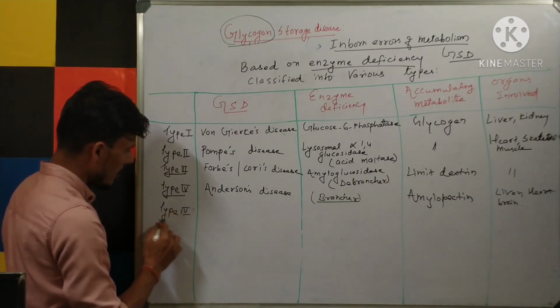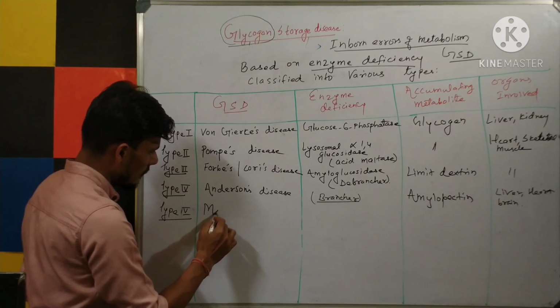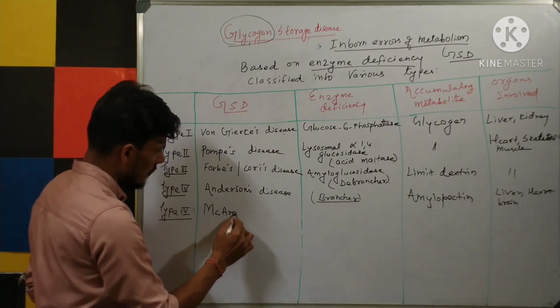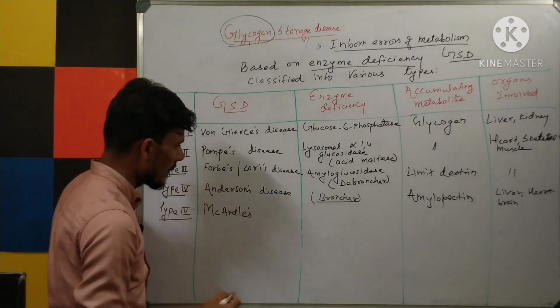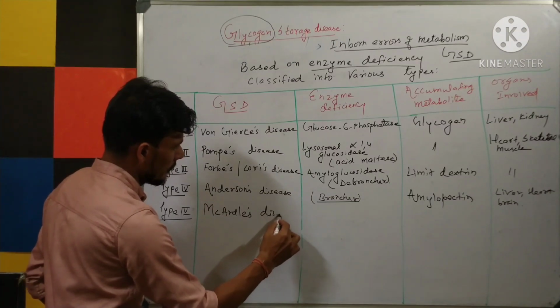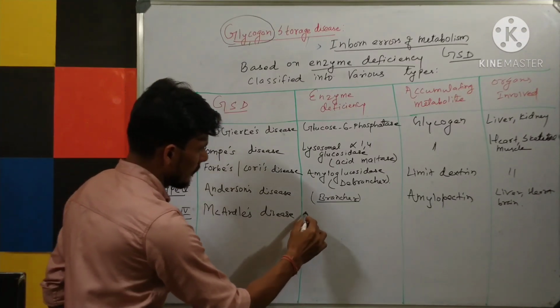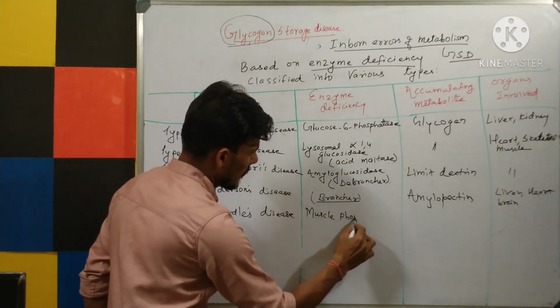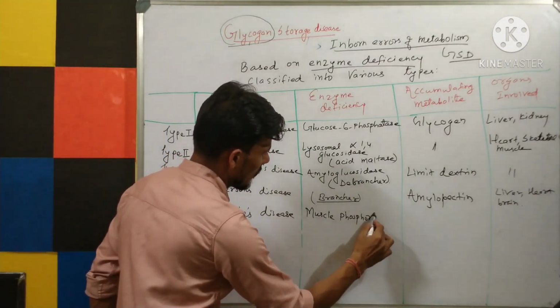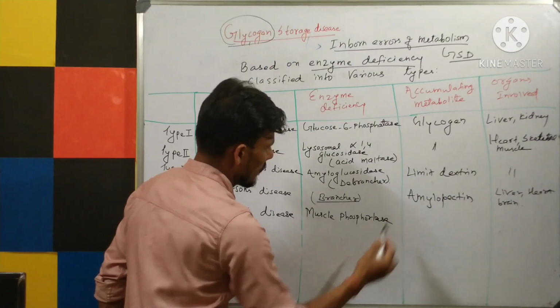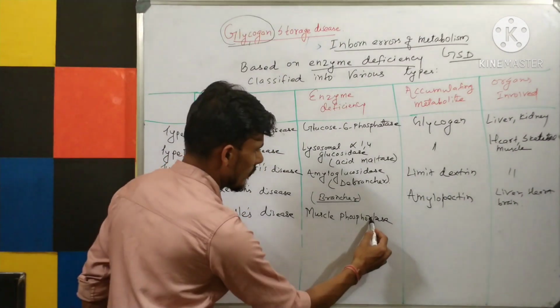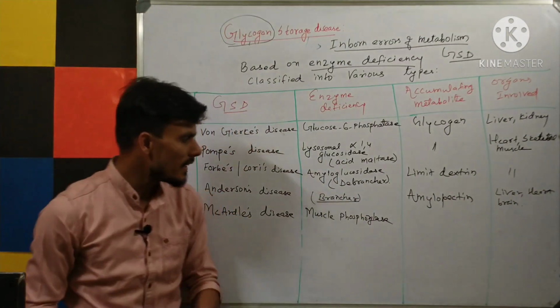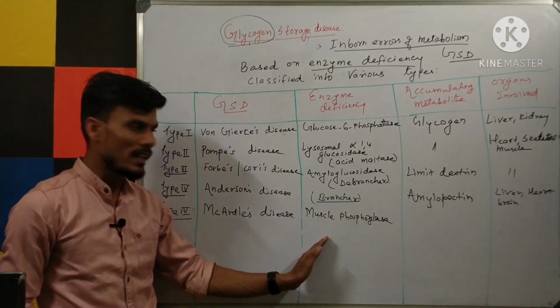If you see type 5, McArdle's disease, the enzyme deficient here is muscle phosphorylase.